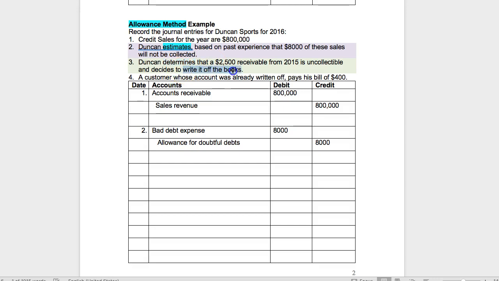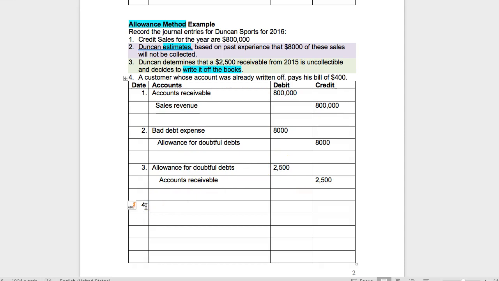So this is the journal entry to write off the actual accounts receivable. For this journal entry, your debit is the allowance. I'll copy and paste that. And your credit is the accounts receivable. When you do this, you are cancelling the accounts receivable and you're also decreasing the allowance.